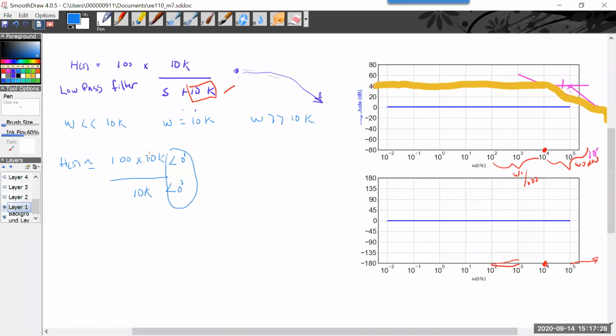This is all real, so the phase is 0. So in that regime, the phase is 0.